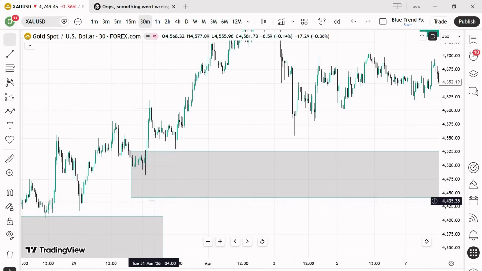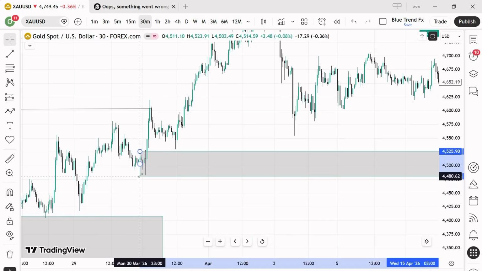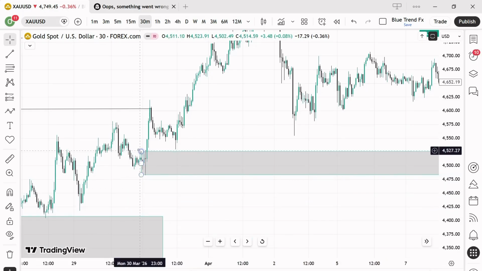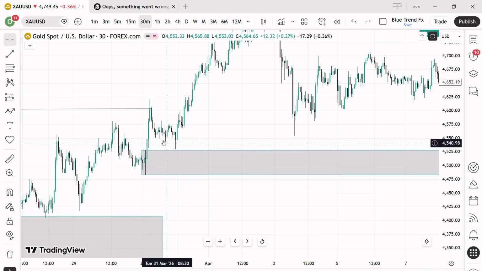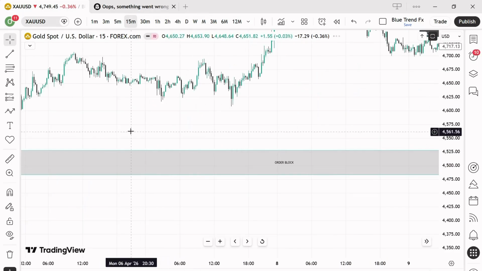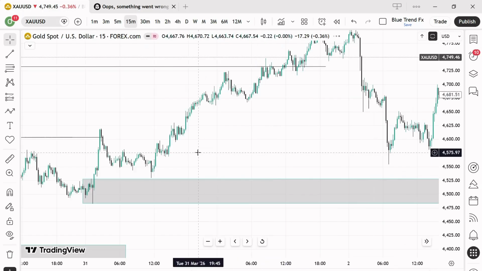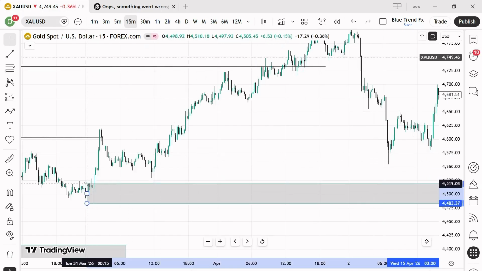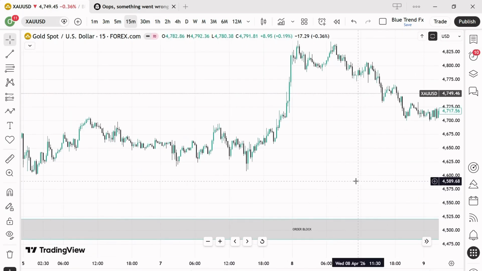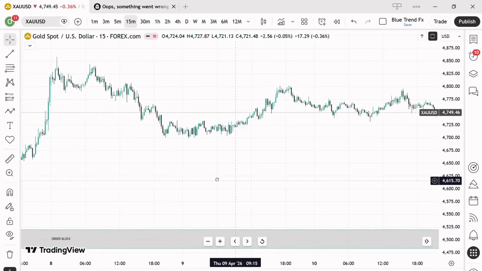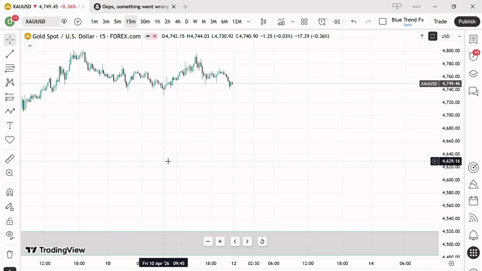This level has been mitigated, and as we can see, this cleared liquidity. Price tapped to try to mitigate it, but it wasn't successful. Beautiful. 15 minutes is looking promising for us to place and position our trade right here.